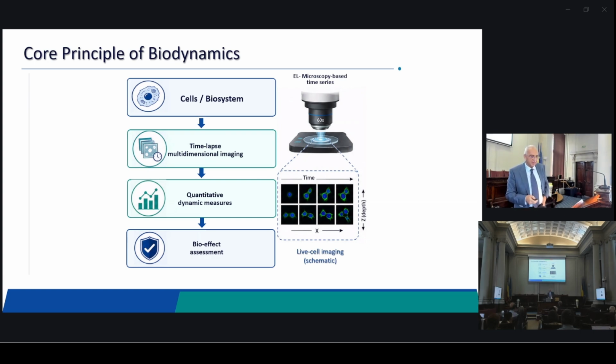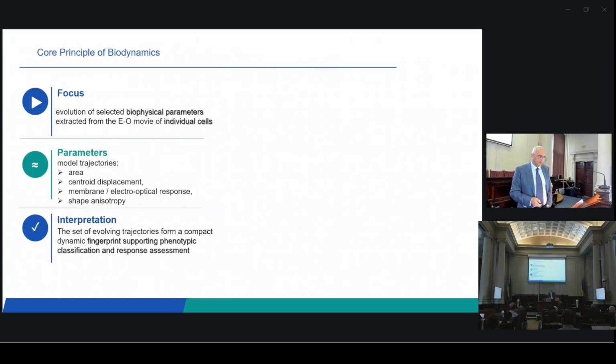It's pretty challenging, and I'll try to present this as clear as possible. So the idea is to derive some biophysical parameters out of the movie, and we are doing this not by performing optical measurements, but electrically assisted optical microscopy.